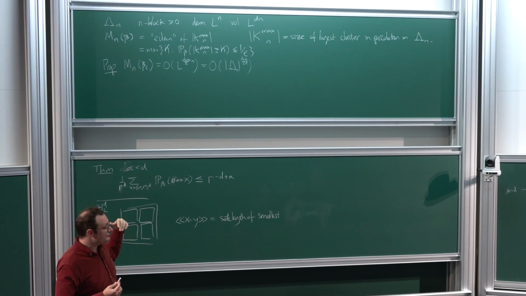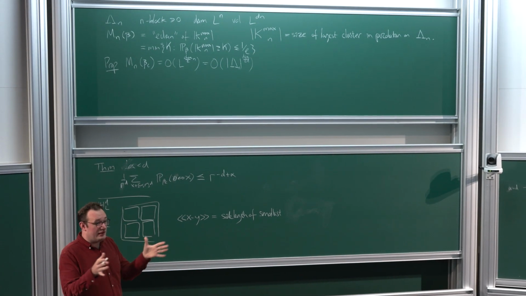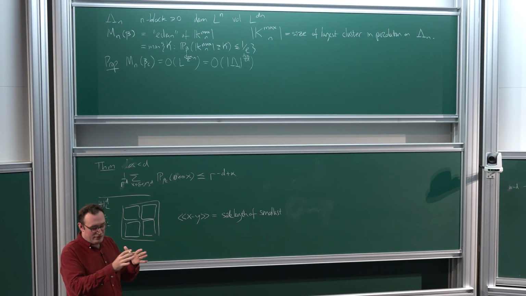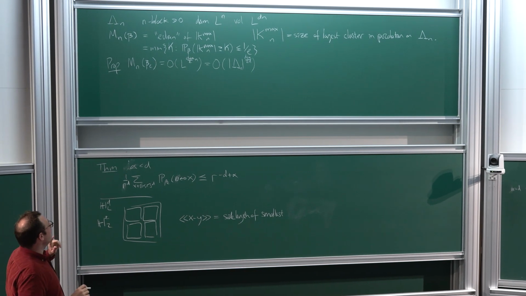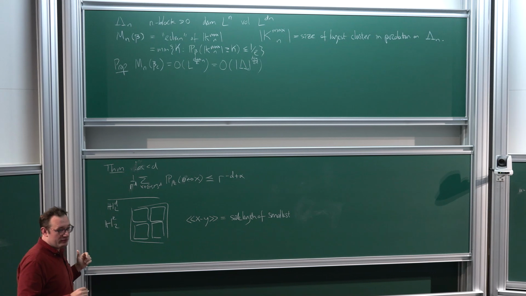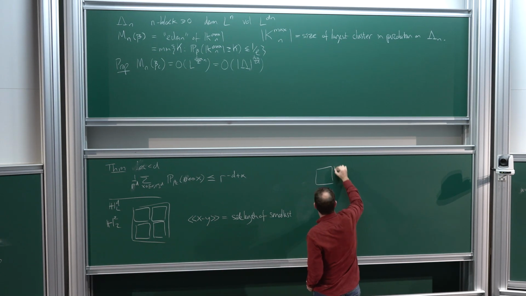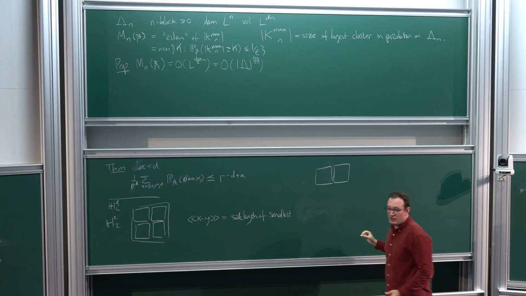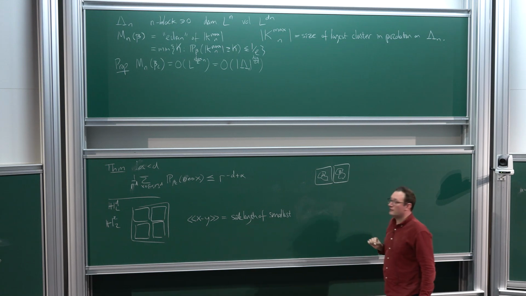And as a consequence, in some sense, there will be many clusters, and things will be concentrated, and so on. So let me explain where this specific exponent comes from. Suppose I have two blocks next to each other, and I have some cluster here, A, let's call it, and some cluster here, B. Okay?